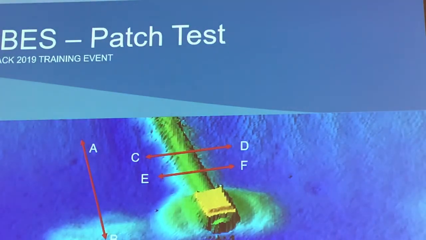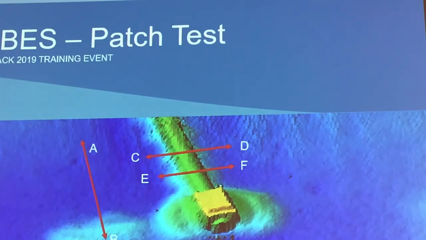Okay, so I still want to go through this patch test. I need to just teach everyone how to do the patch test on iPad. Like I was saying before, the patch test for iPad is very important for multi-beam when you go for the survey, because after you do your offsets, you need to also correct for the minor angles of difference when you have the multi-beam installed onto your bracket, because if it's 1 degree or 2 degrees, it can create a big difference onto your data on the seabed.